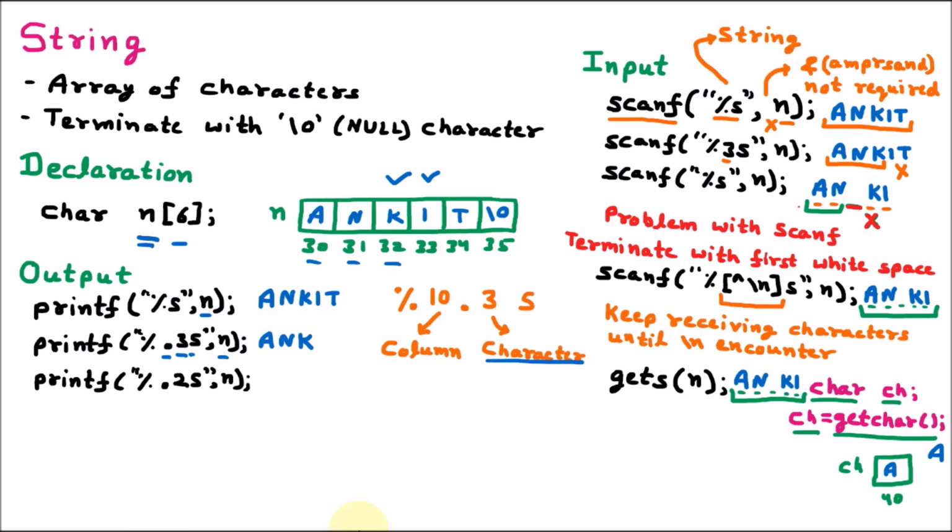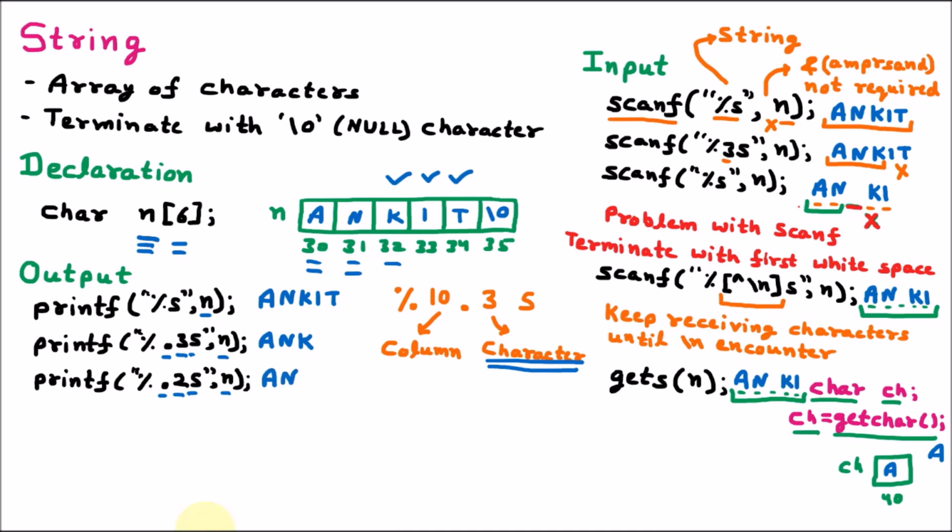Here, after the dot, 2 means 2 characters. We take these 2 characters from n, which is the character array holding Ankit as a string. So from that we take only 2 characters, A and N, and A and N will be displayed on the screen.